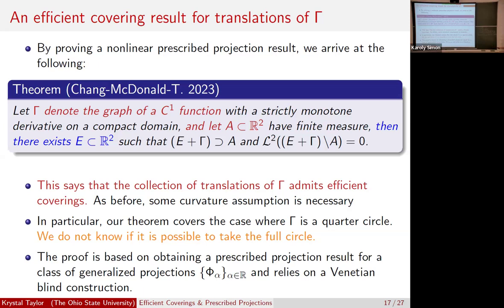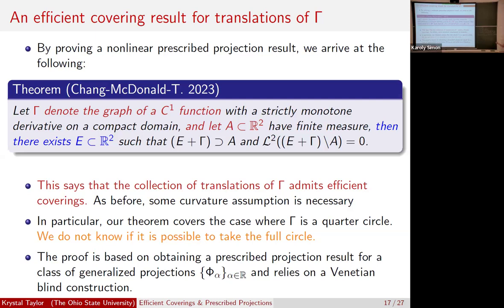Then this theorem gives us this blue set E such that A is covered by the sum set and the two-dimensional Lebesgue measure of the error is 0. We can definitely rephrase this in the language of a prescribed projection result.